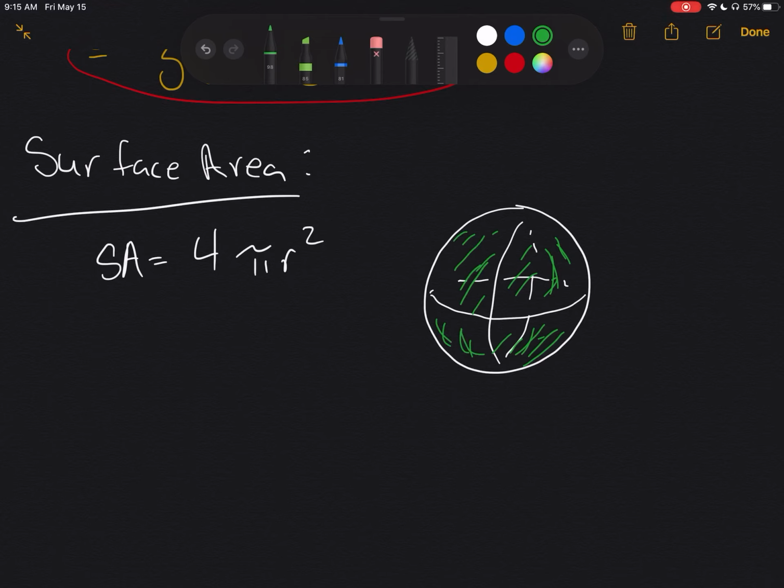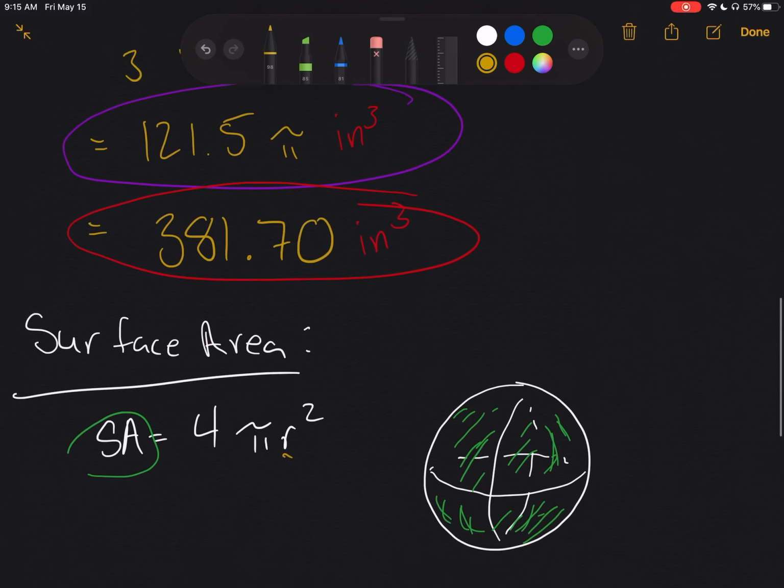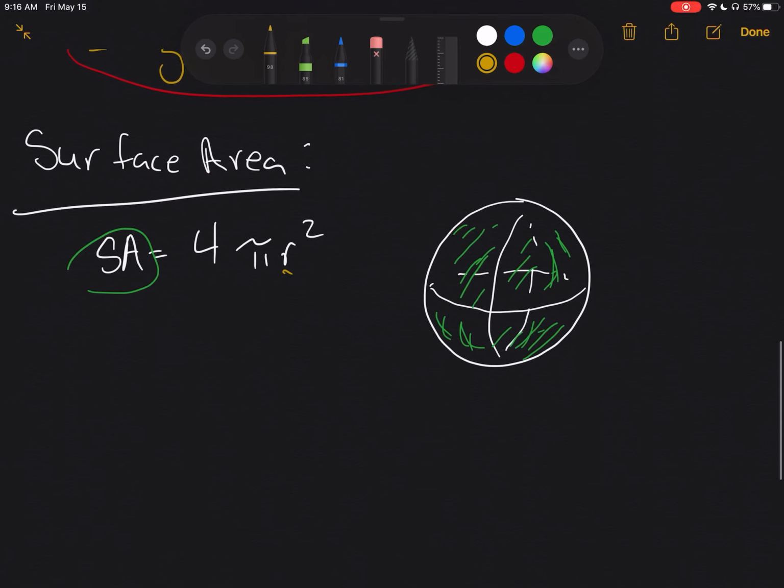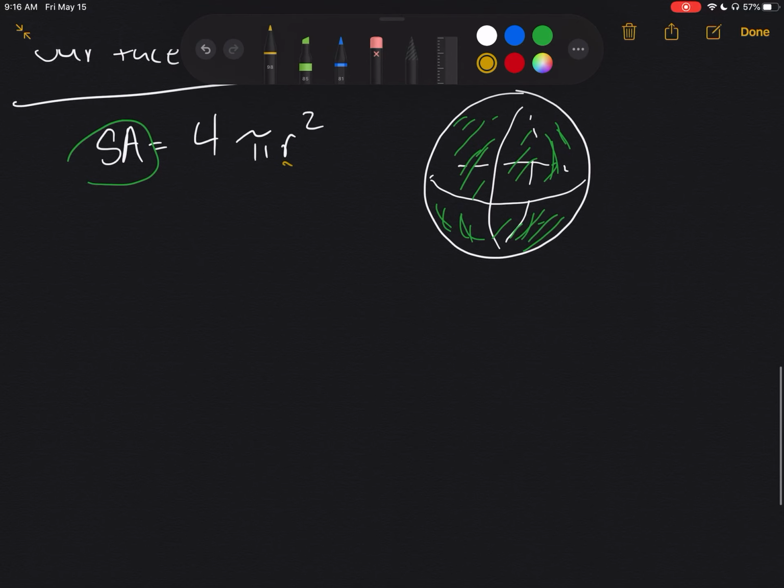So we want to paint the outside of the sphere, so maybe we'll use green for surface area, okay? And so just like with volume, the only thing that we really need is the radius. And so let's use our previous example where we had a radius of 4.5 inches. I'm not going to redraw that picture, but hopefully that's okay with you guys.